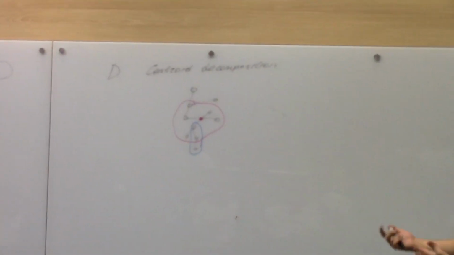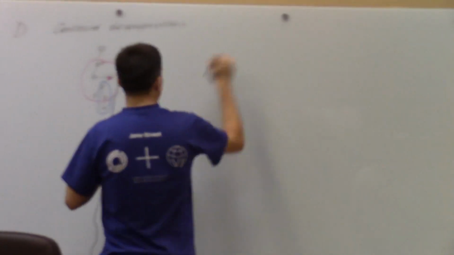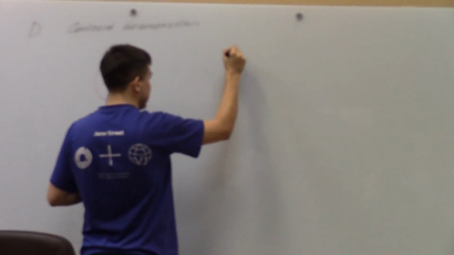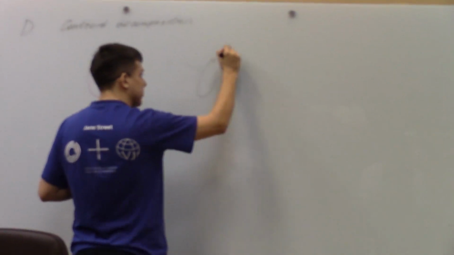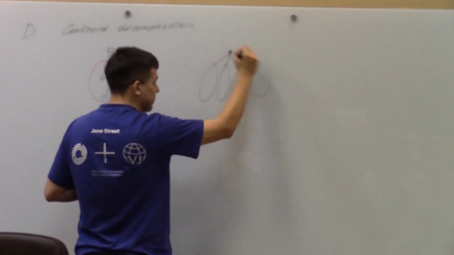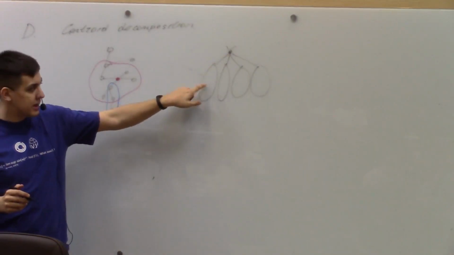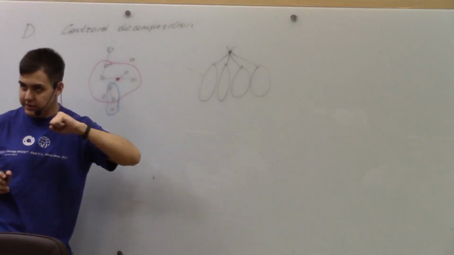So again, we'll use centroid decomposition to answer these queries. We have a centroid of the tree, and we make it the root of the corresponding tree. Then we remove this root and find a centroid in each of these subtrees.